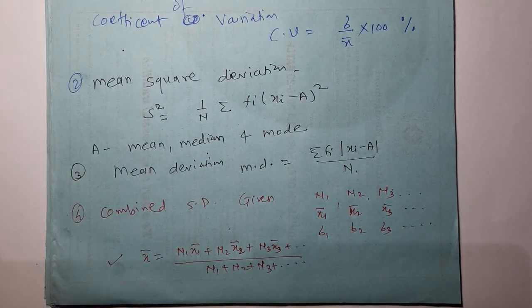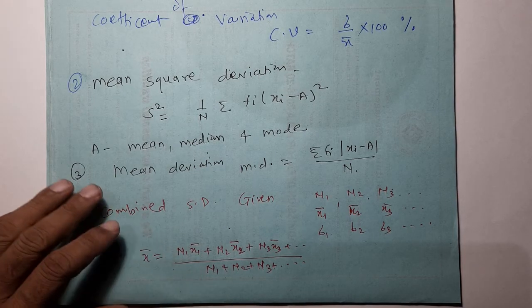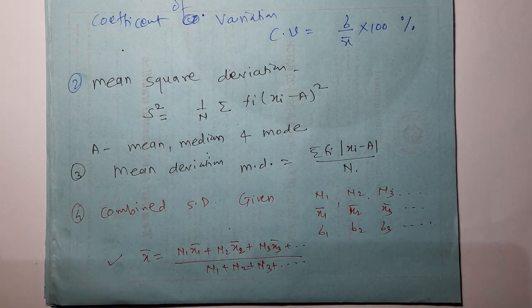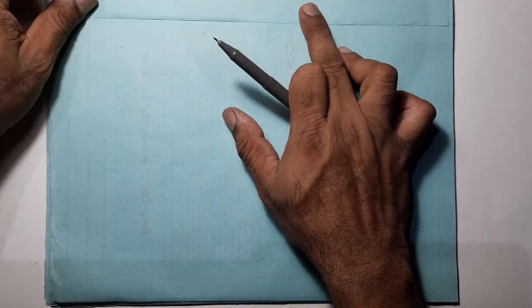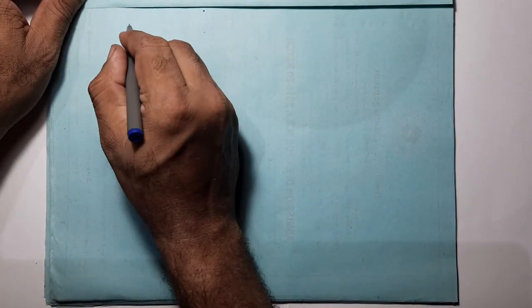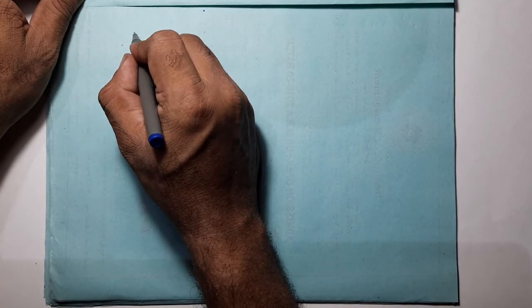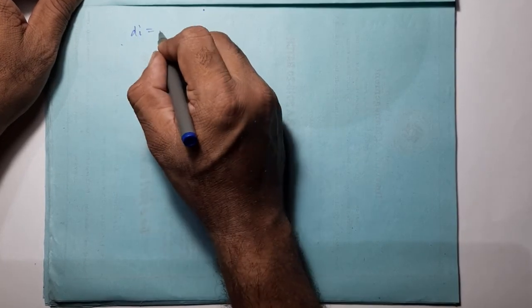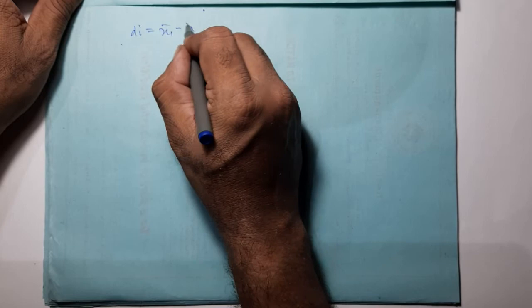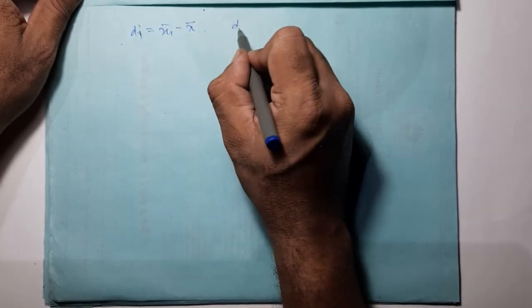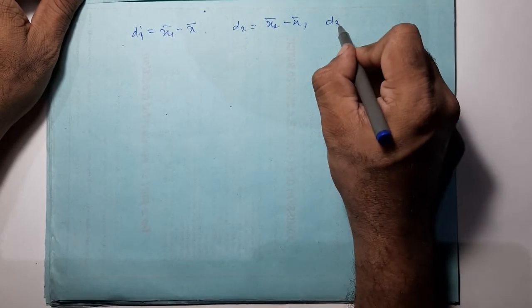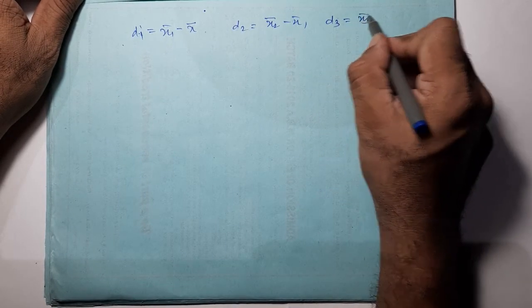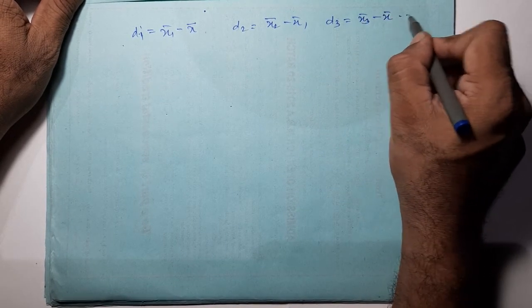Then for the combined standard deviation we require d1 equal to x1 bar minus x bar, d2 equal to x2 bar minus x bar, d3 equal to x3 bar minus x bar, etc.